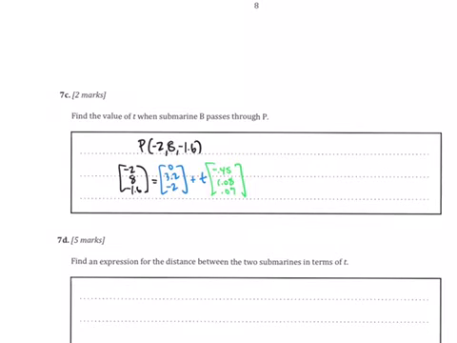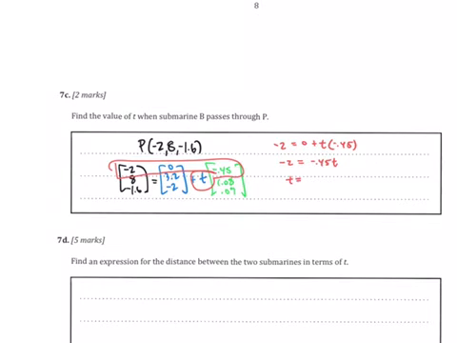Now we know it will connect with that point, so all we need to do in this case is take one component. So I'm going to take the x component and solve for -2 equal to 0 plus t times -0.45. So -2 equals -0.45t.